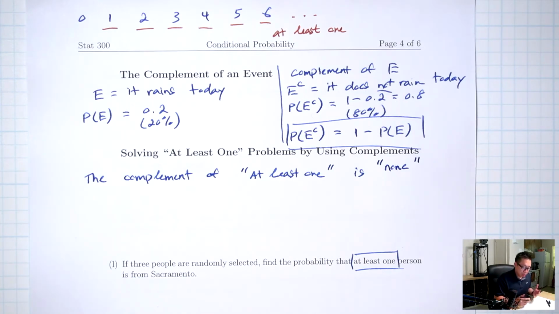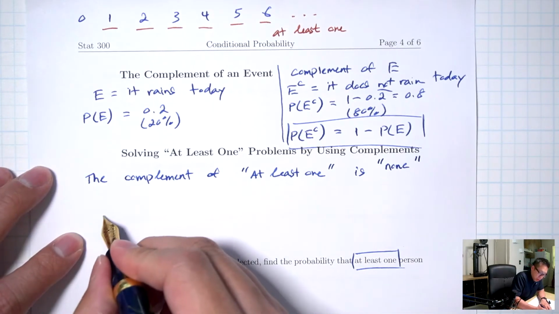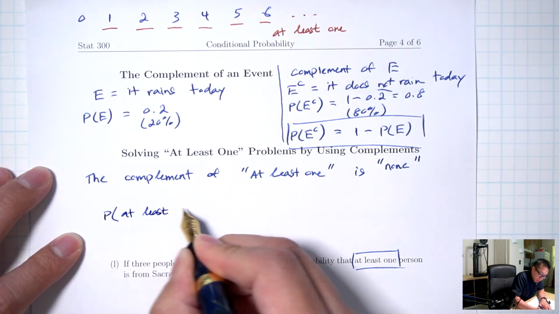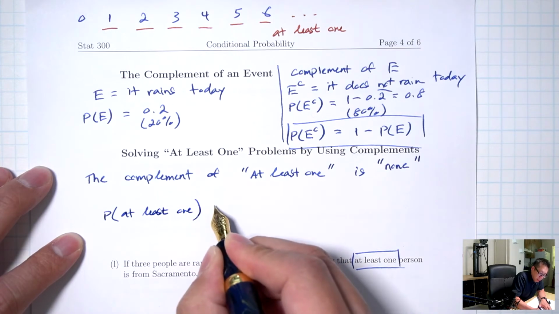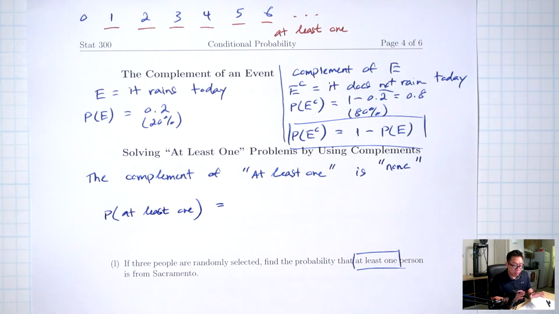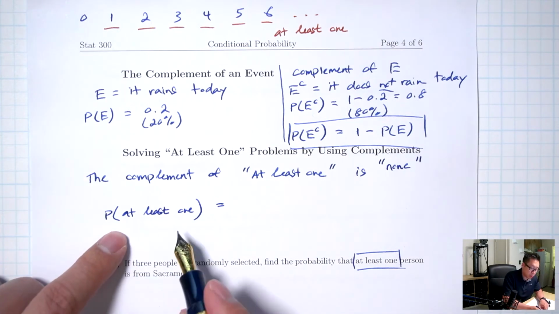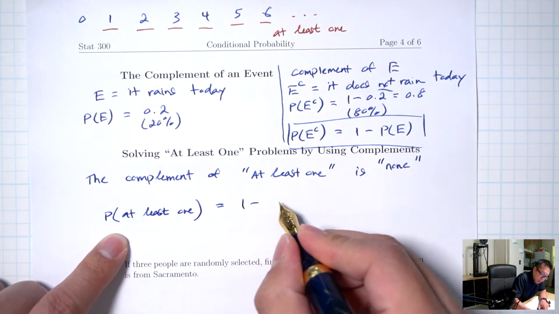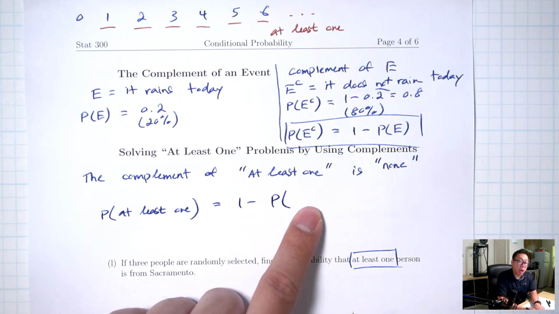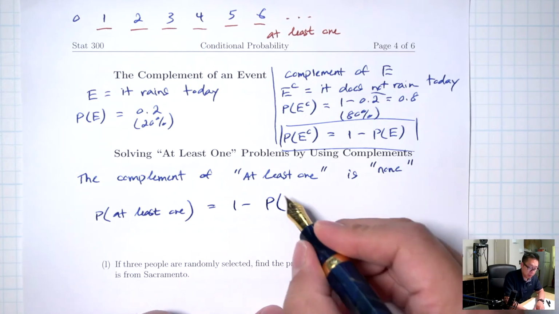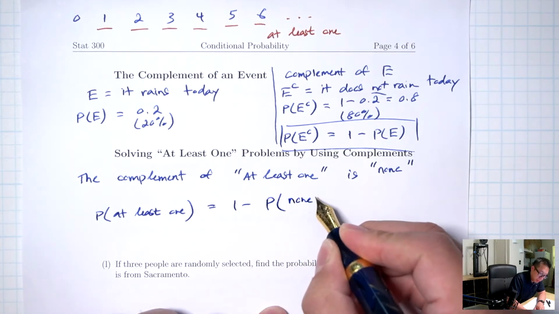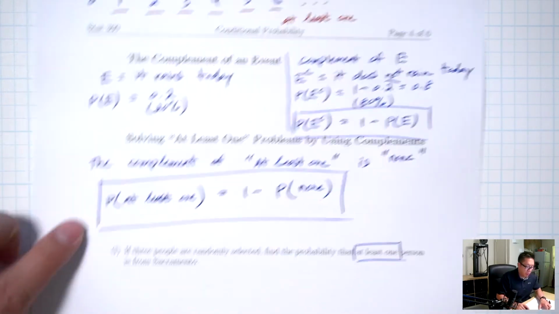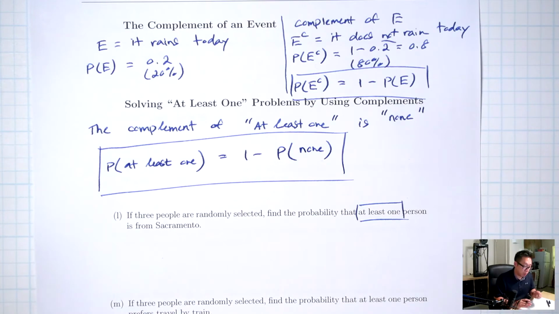So the main idea here is that to find the probability of at least 1, we're not going to do it directly because that's hard. So instead of finding the probability of at least 1, I'm going to do 1 minus the probability of the complement, which is none. And this is the idea we're going to use on any problem that says at least 1.